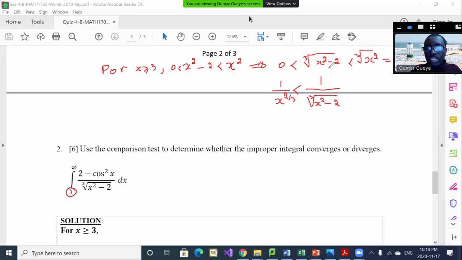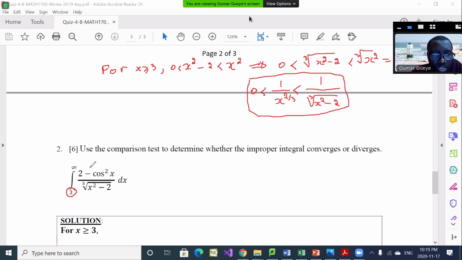Since this term here is less than x to the power 2 by 3, it means 1 over x to the power 2 by 3 is going to be less than 1 over the cubic root of x squared minus 2. And since my x is greater than 3, this is already positive because x is positive. I'm just going to keep this, because I found a function which is less than my denominator.